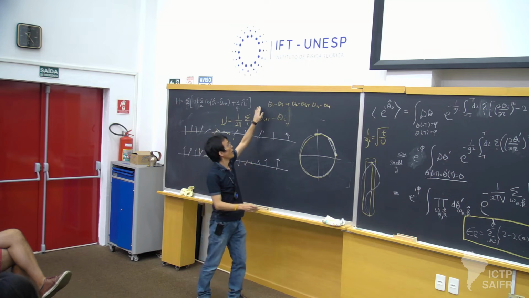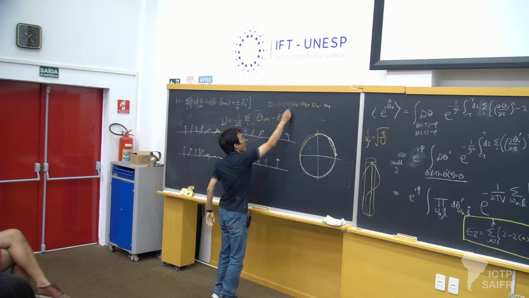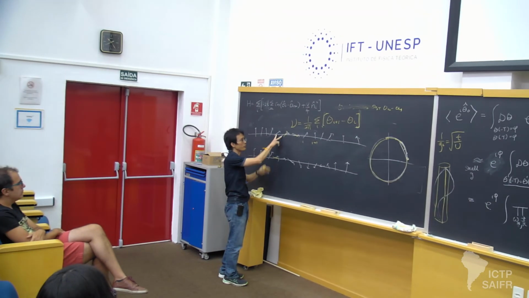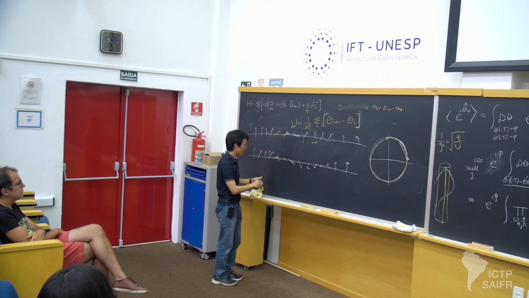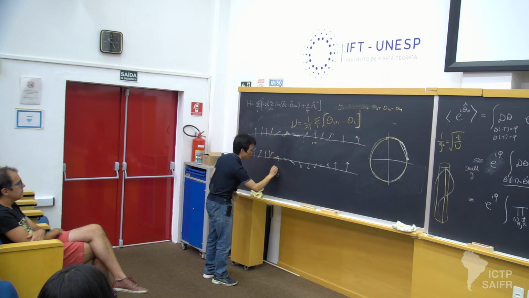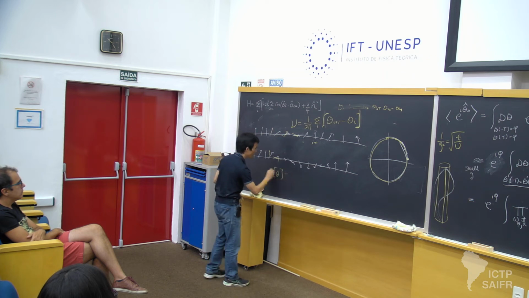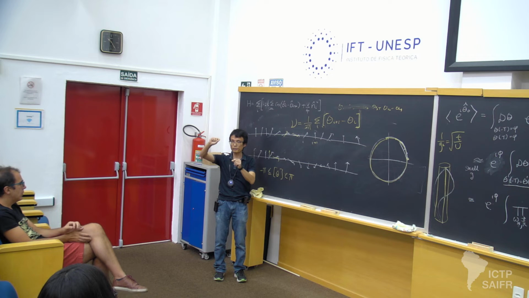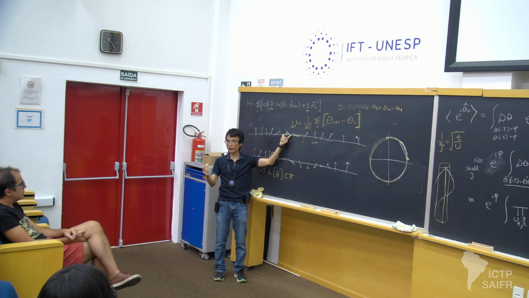But suppose I insist that when I measure the relative angle between two neighboring rotors, I measure this angle within, say, minus pi and pi. Then this is well-defined, right? For any configuration of rotors, I have a unique number, right?